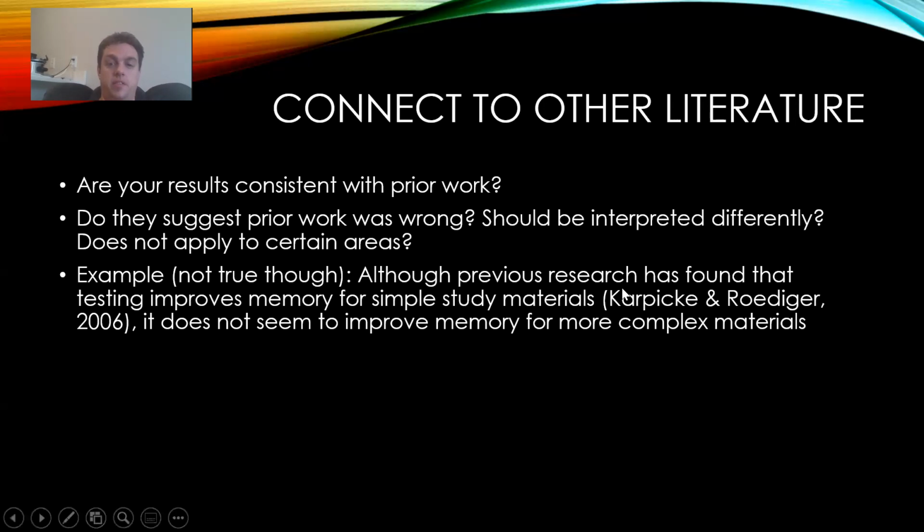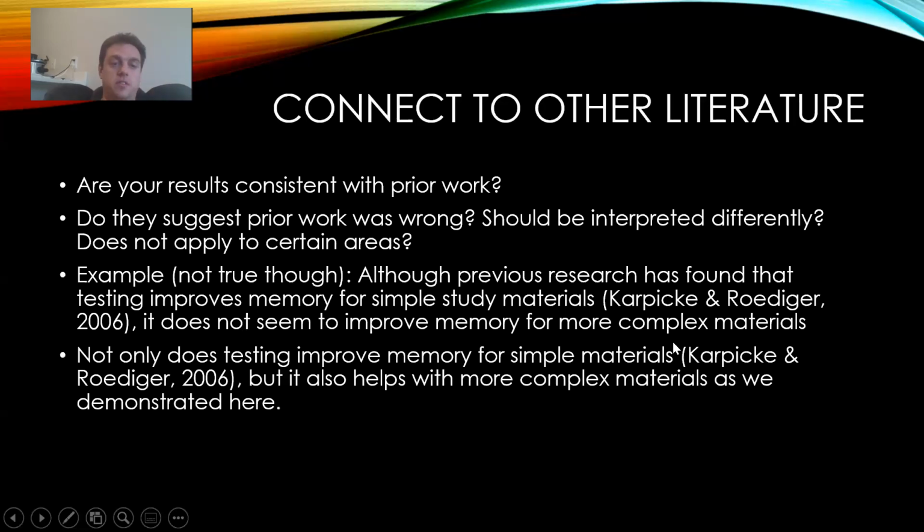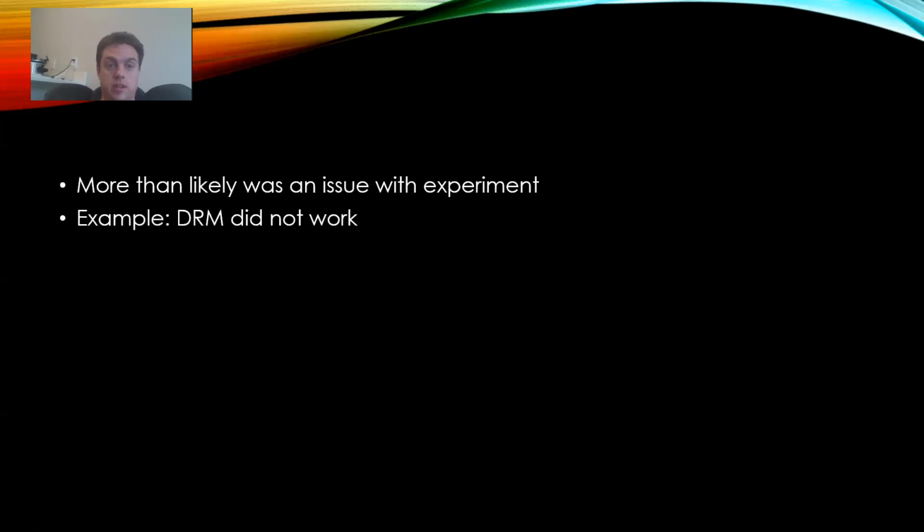So previous work had established that it works with, this isn't true by the way, it's just an example, simple study materials like individual words, but we found maybe that it doesn't work with more complex materials. Or in the opposite, prior work had found this, works with simple materials, it also works with more complex materials. So that's how you connect it to other literature. We'll look at some more examples too later.